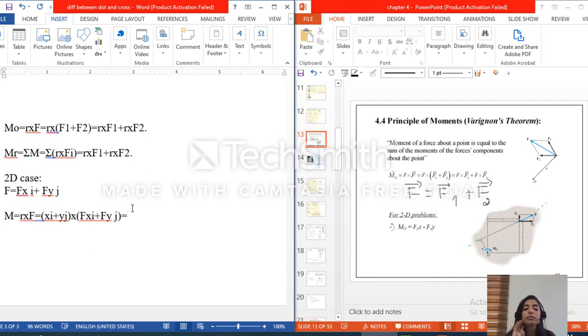And then I know that the cross product is distributive. So what I will do now is to do the cross product of x i with Fx i and Fy j, and to do the cross product of y j with Fx i and Fy j.